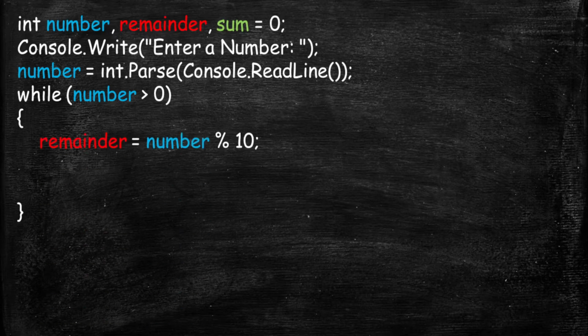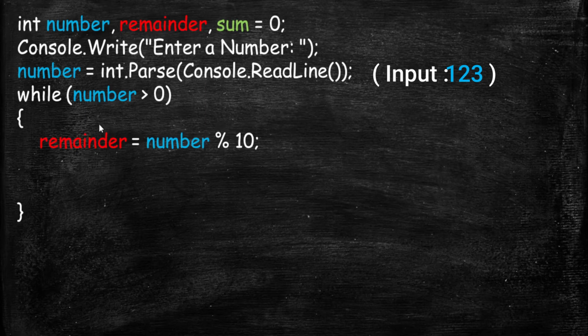Second, we have the remainder variable, and in that we are using number with the percentage sign by 10. Basically, this line of code will return the last digit of the number which the user has entered. For example, if a user has entered the number 123, by using this formula we will get 3 in this remainder variable.